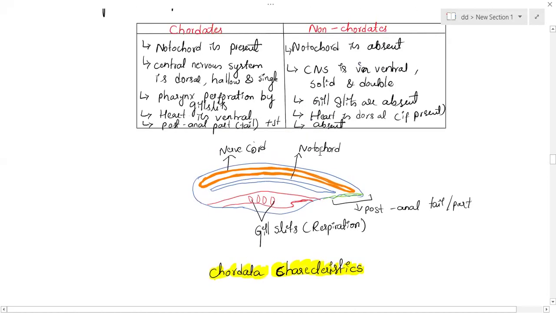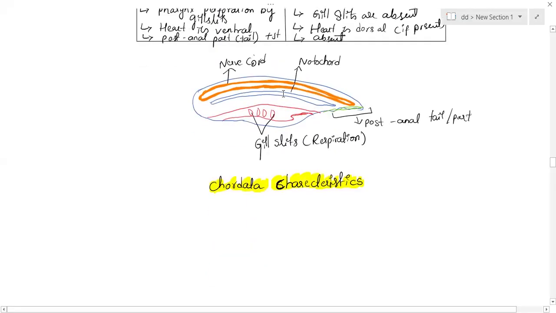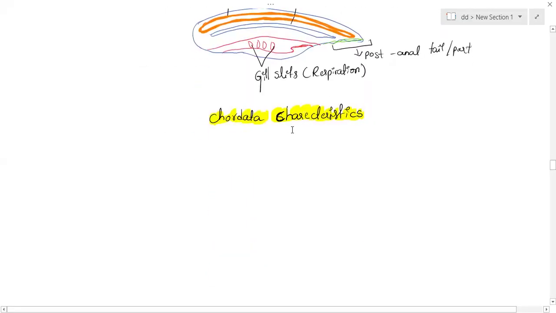We discussed certain key points in the chordate differentiation, but we have to show where exactly they will be. Now, let's move on to other features of this phylum Chordata.